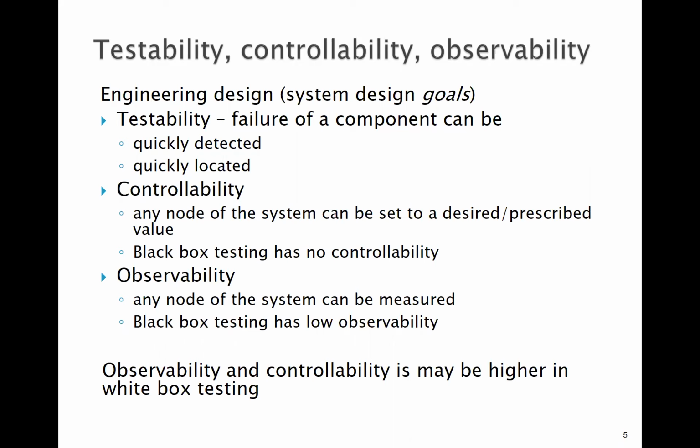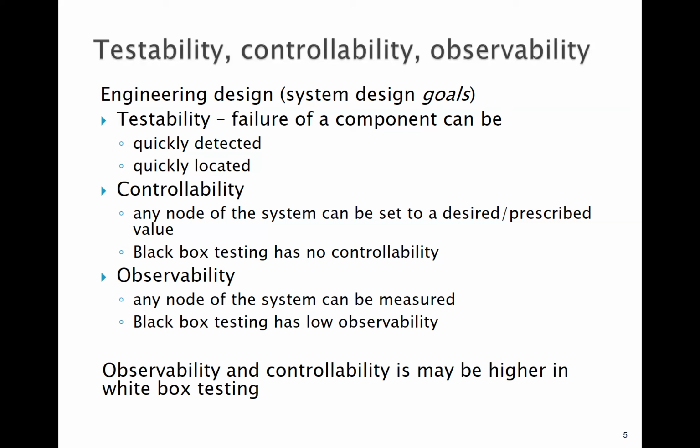Testability is about the failure of the system, how it fails, or under which conditions it fails. And it is about how to detect the failures, how to locate the failure. We have to know it. We have to identify failures. We have to locate the failures. If we couldn't test, then the system is not a testable system.